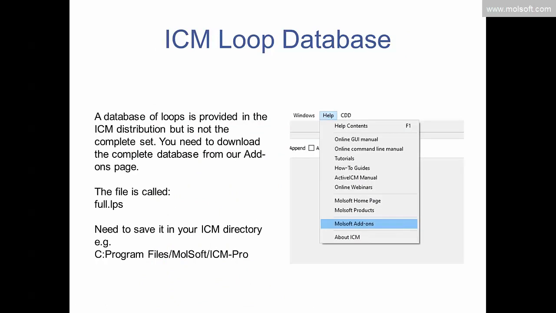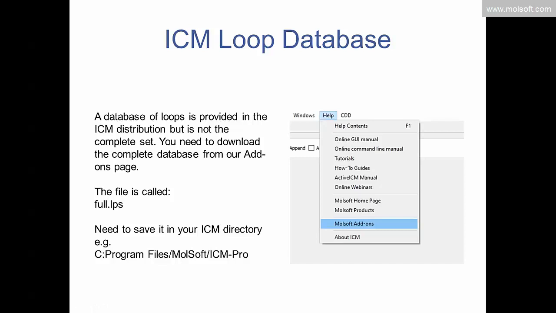If you're using the knowledge-based approach, you need to make sure that you download the latest ICM loop database, which is derived from the PDB. When you download ICM from our website, it does include a small loop database, but not the full database, just due to size constraints.